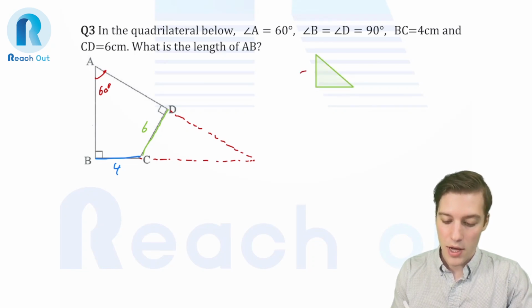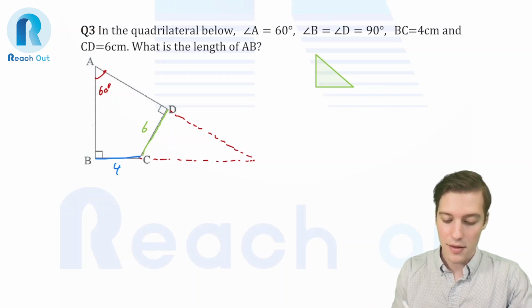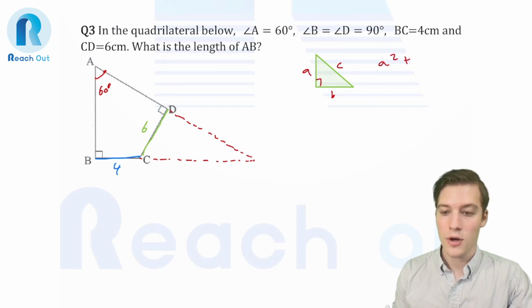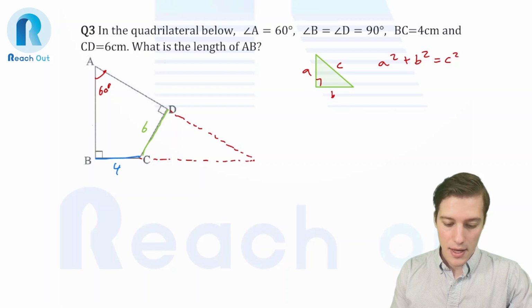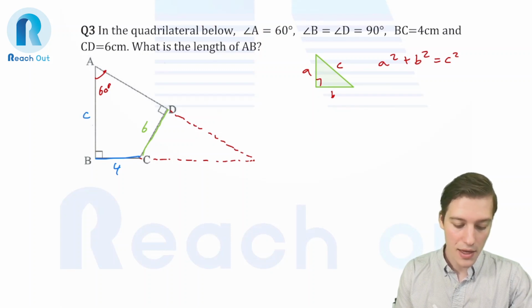So I might remind myself of the theorem. If I have side lengths A, B, and C, where C is the longest length, and it's a right angle triangle, it is always true that A squared plus B squared is equal to my longest side squared. For AB, I'm going to assign it the value of x, because I don't know it.